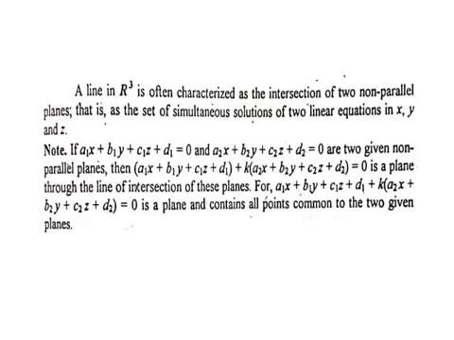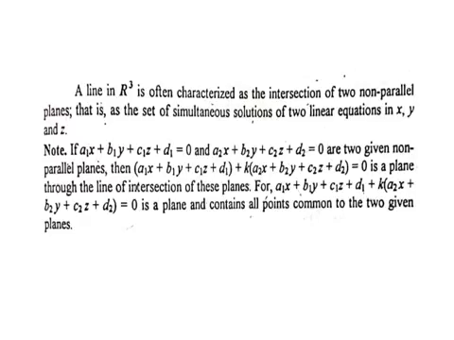For example, a line in R3 is often characterized as the intersection of two non-parallel planes, that is, as the set of simultaneous solutions of two linear equations in x, y, and z.